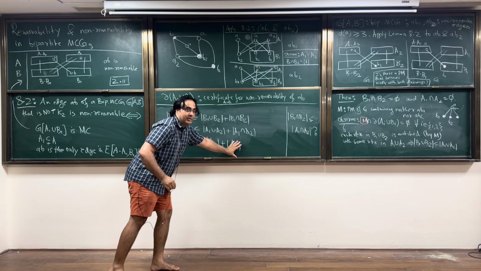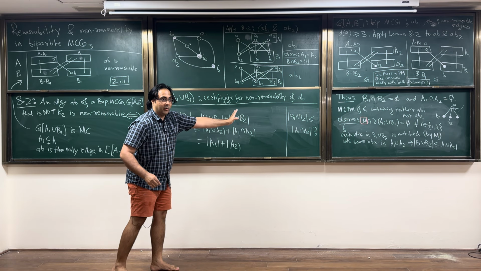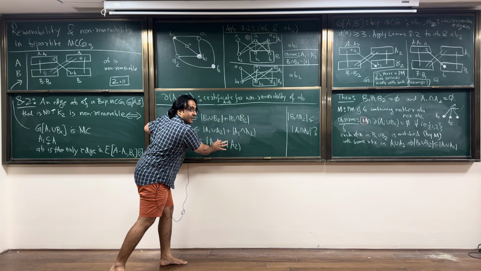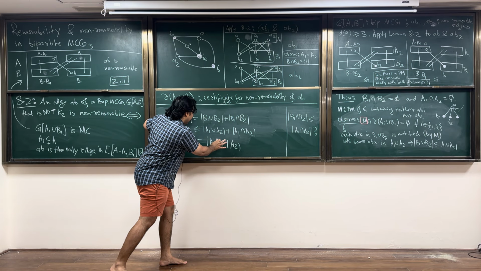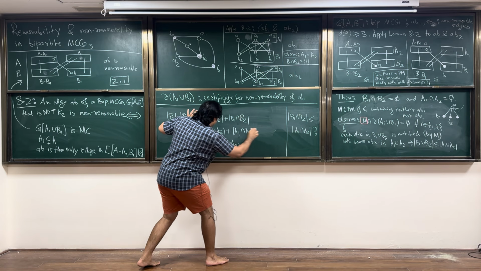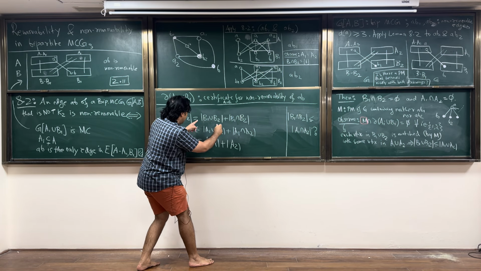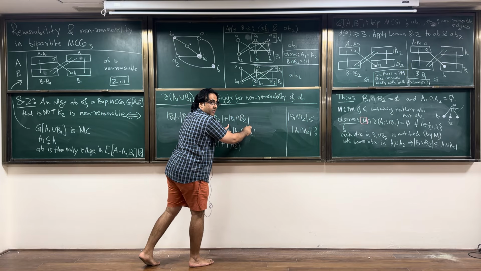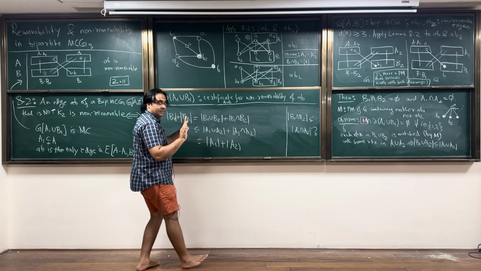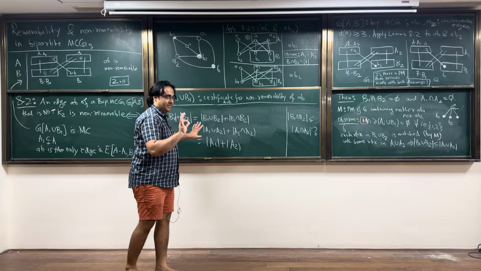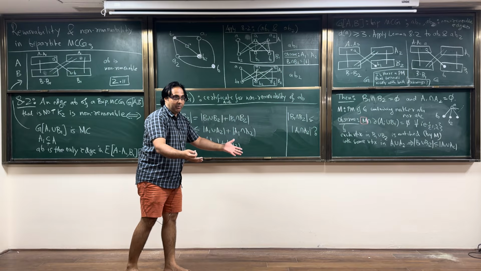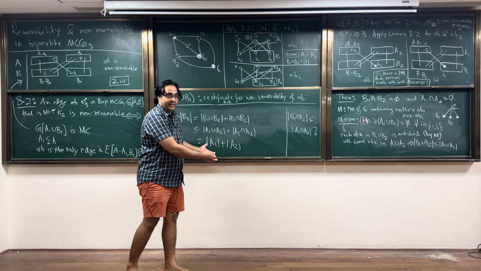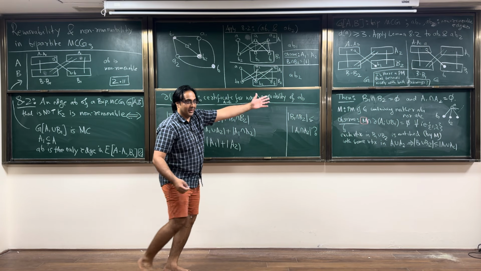This is anyways equal to this, and these two are anyways equal. Therefore, everything holds with equality. So if we are able to prove this, then everything here holds with equality. In particular, this is equal to this, and this is equal to this. That would be nice. But we haven't still proved anything of interest to us.